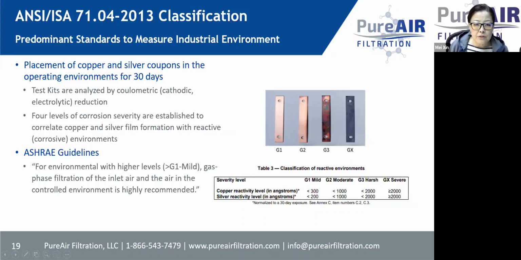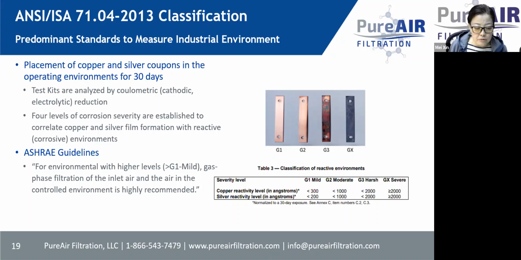So before we touch the ANSI classification standards, let me talk a little bit about corrosion. Corrosion here is defined as a byproduct buildup of chemical reactions between corrosive gases and metal. Contaminants include acidic, caustic, and oxidizing chemicals.